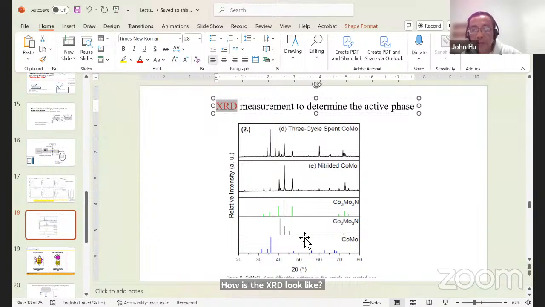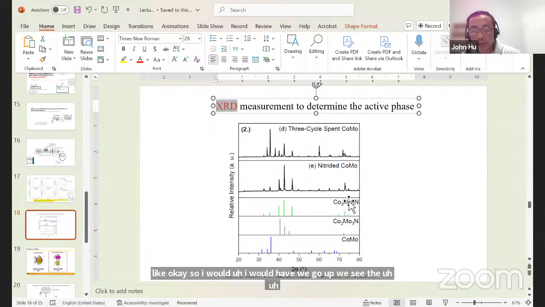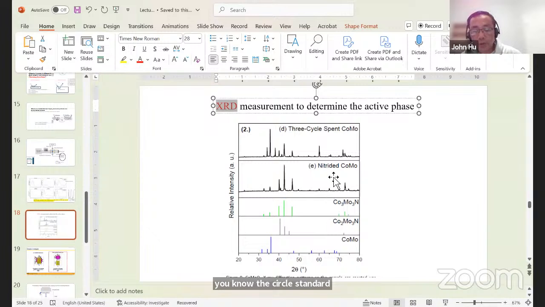Then we move on to see what Co3Mo3N, the nitride, looks like. Every time we go up, we see the standards, 1, 2, 3. Keep in mind, watch this structure.